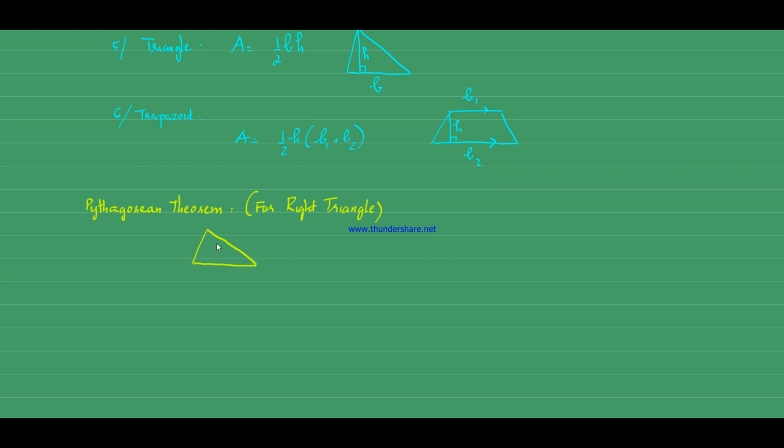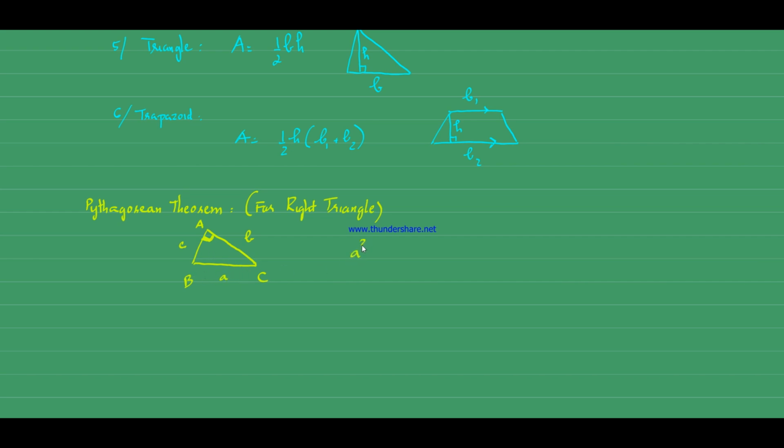Okay, so right here is a 90-degree angle because it is a right triangle, so I have ABC. This is side a, this is small b, small c. Then the Pythagorean theorem says that this is the shorter leg, this is the longer leg, and this is the hypotenuse.